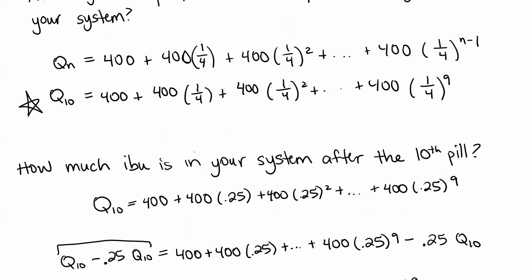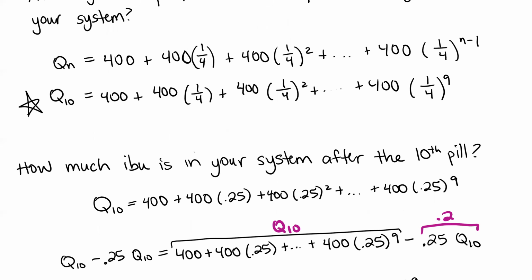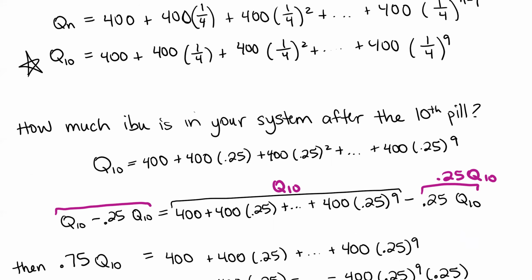Okay, so if we subtract off 0.25 times Q10, then on the left-hand side, we have Q10 minus 1/4 Q10. And on the right-hand side, this part is Q10, and then this part is 0.25 Q10. Now we can simplify this left-hand side. 1 minus 0.25 gives us 0.75.